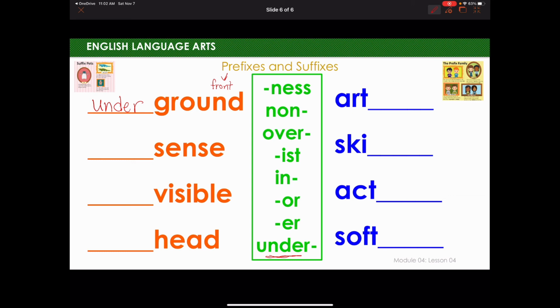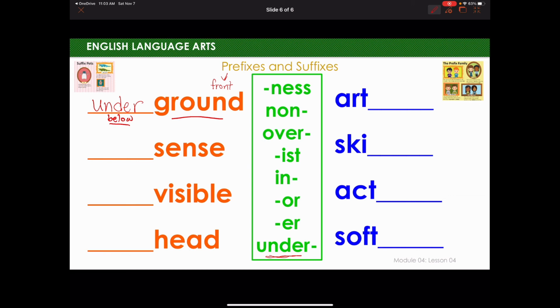Well, the prefix under means below. So the meaning of my new word, underground, means below ground. So prefixes and suffixes can change the meaning of the word.